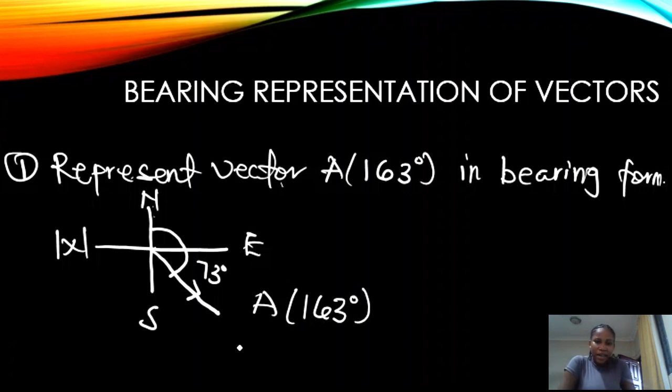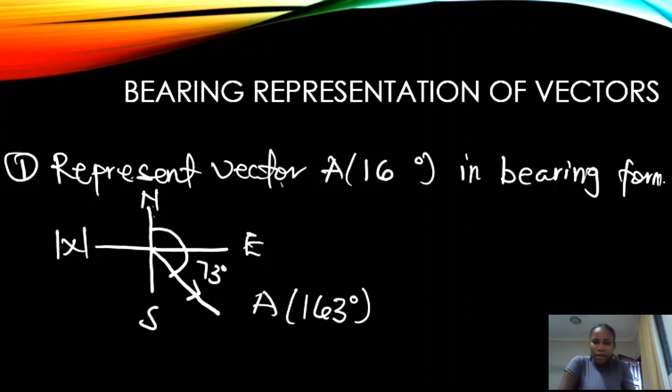We already know the vector has a magnitude, but right now we are just focusing on its direction using the bearing form. That's why I'm not bringing the magnitude inside. So we start from north to east, go clockwise, and when you add them, you get 163 degrees. But in bearing, we mention it 163. Please take note of this. It is very, very important.